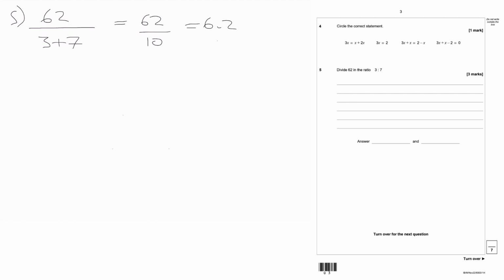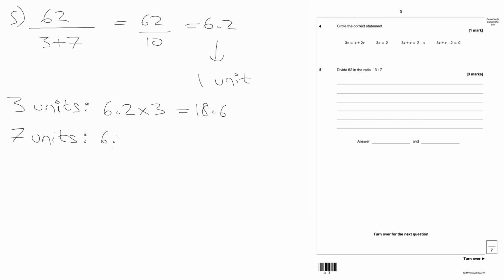And now that we have this 1 unit, we can multiply by 3 to find what 3 units is equal to. So in this case, it's going to be 18.6. And we can do the same to find 7 units, so we multiply by 7. And this gives us 43.4.